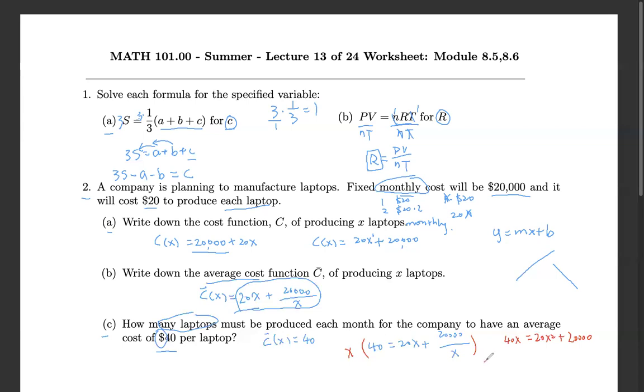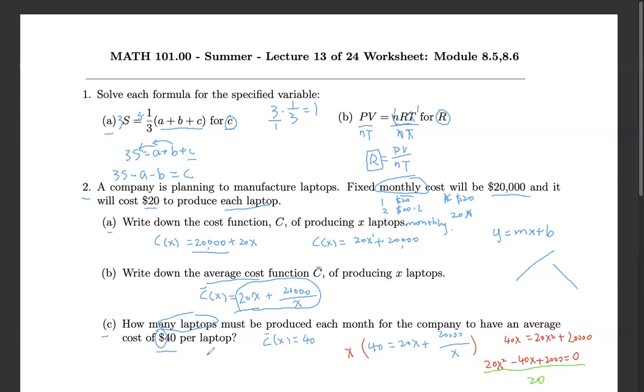Now this becomes solving a quadratic equation. So 20X squared minus 40X plus 20,000 equals 0. We see we have 3 terms, right? A quadratic trinomial. So we see 20 is a common factor, so we want to divide by 20. Let's divide every term by 20.